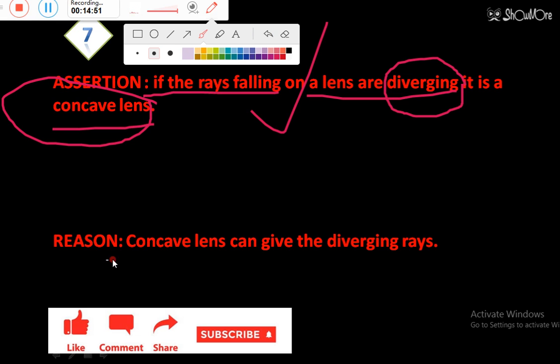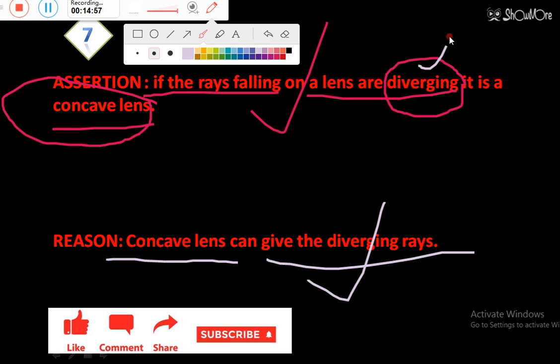Reason, concave lens can give the diverging rays. This is also right. And if the rays are diverging, then we can conclude that it is a concave lens, and in the reason he is saying concave lens is giving the diverging rays. So both are interlinked, and reason is the correct explanation for the assertion.